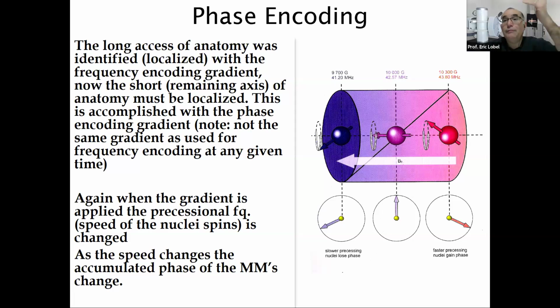So it's just either positive polarity or negative polarity. And again, we create this steepness, this slope, by increasing or decreasing the energy that's actually applied to the gradient.